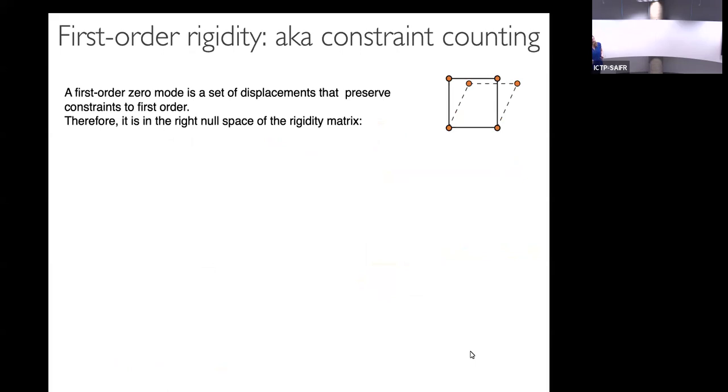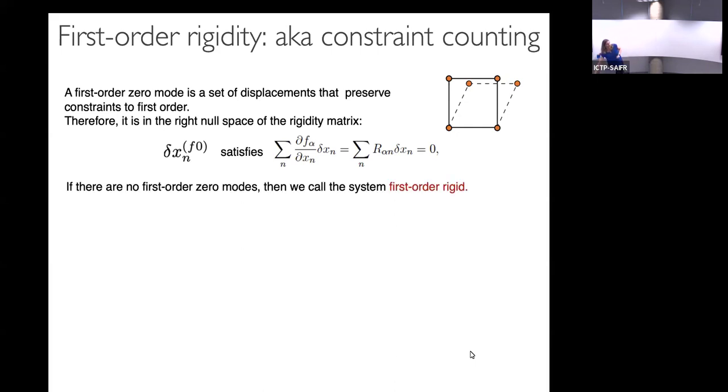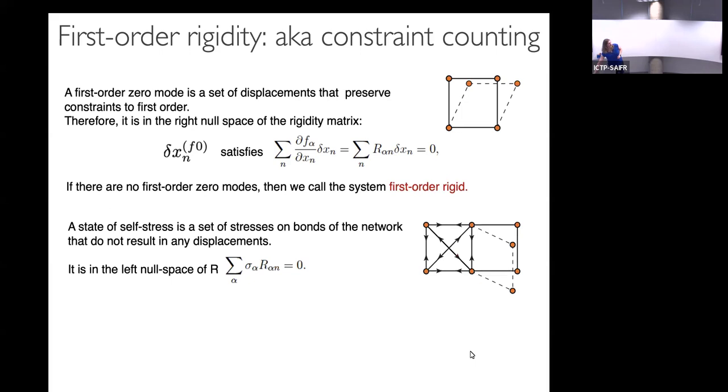So if I want to think about a first order rigidity, which is whether a first order perturbation to the constraints will cost energy, I'm going to go through this really quickly, but I'd be happy to talk to you about it later. I basically have to think of a set of displacements that preserve the constraints to first order, and therefore it's in the right null space of the rigidity matrix, if that means something to you. Then if there are no first order zero modes, it's first order rigid.